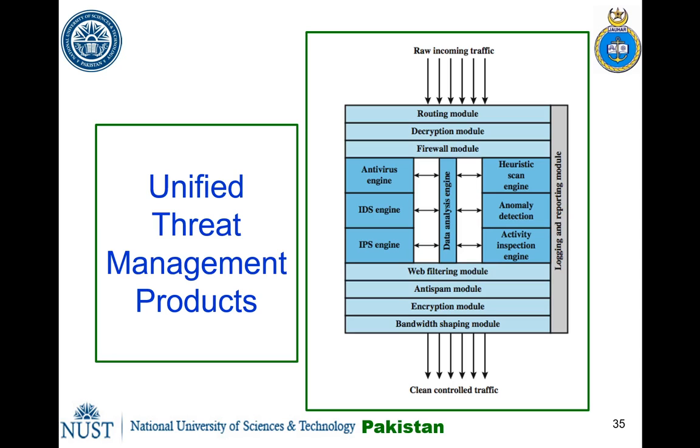An initial firewall module filters traffic, discarding packets that violate rules and passing packets that conform to rule sets in the firewall policy. Then a number of modules analyze individual packets and flows of packets at various protocol levels.